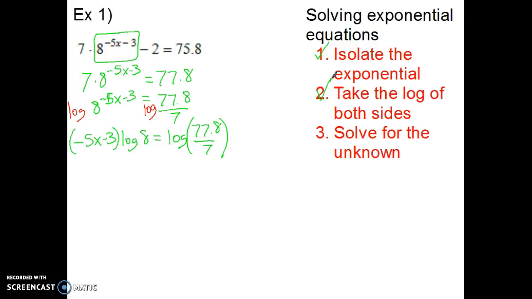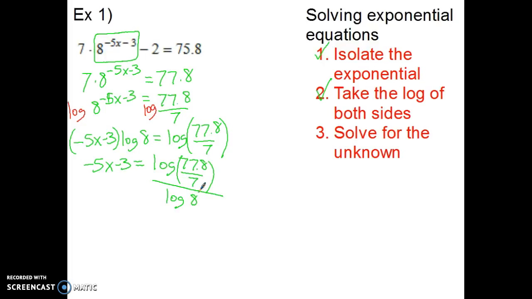We've done step 2. Now we have to solve for unknown values, that's x. So the first thing we have to get rid of is this log 8 here. To do that, we're going to divide both sides by log 8. We'll have negative 5x minus 3 is equal to log of 77.8 over 7 over log of 8.